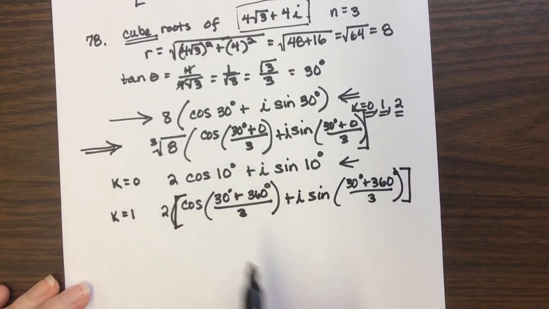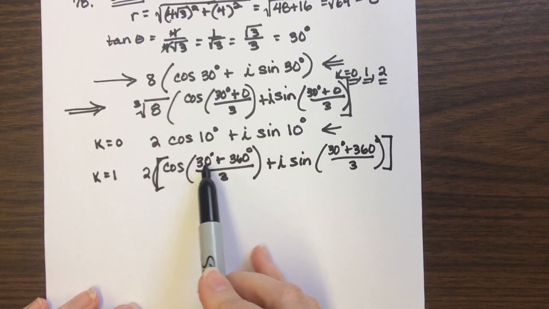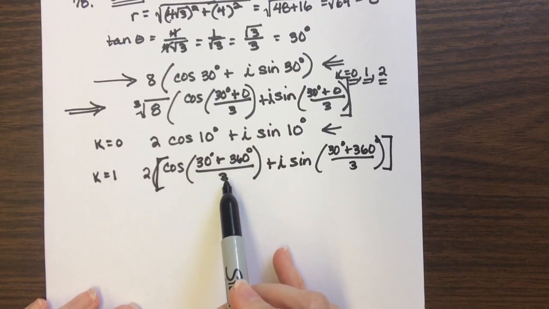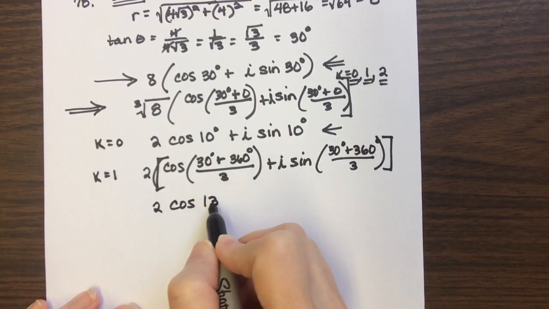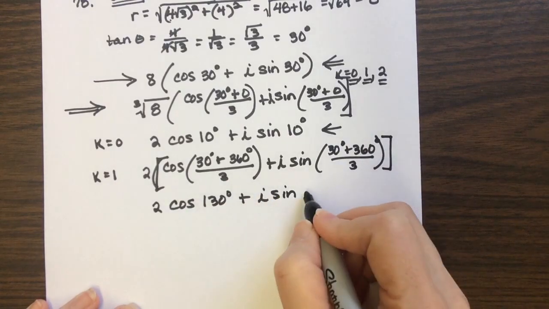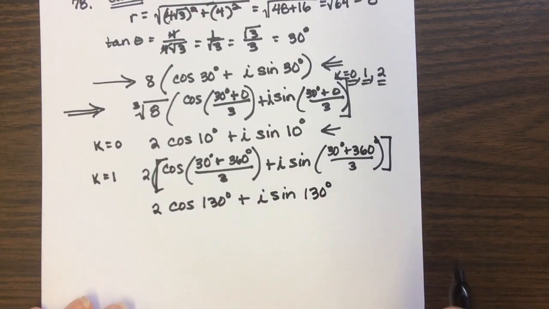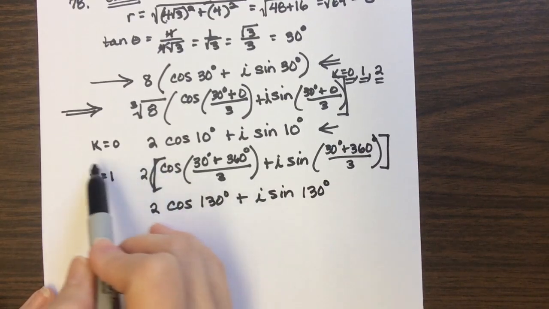So this is going to be 30 plus 360 is 390 divided by 3, so this is going to be 2 times the cosine of 130 degrees plus I times the sine of 130 degrees. So that's when k is 1.